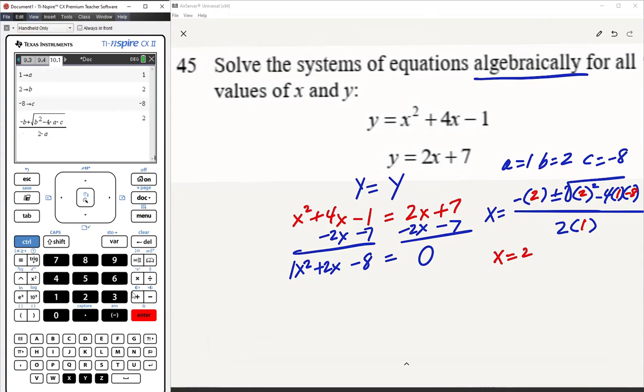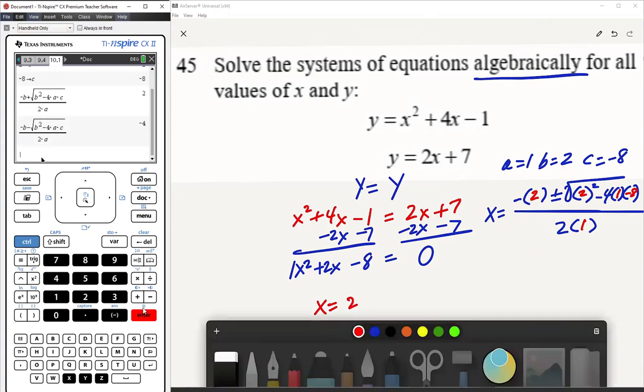I'm going to put that here, and then all we have to do is copy this and change this to a minus to get the other one, and press enter. So the other x value is x equals negative 4.